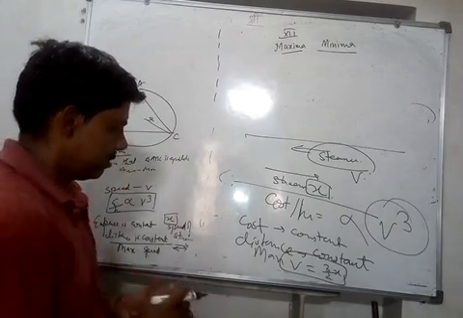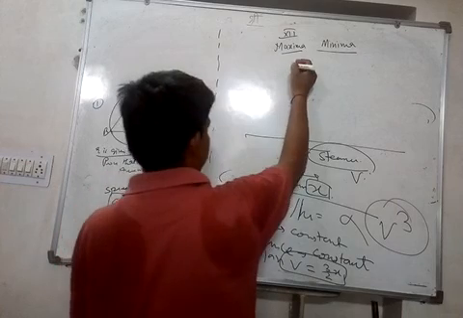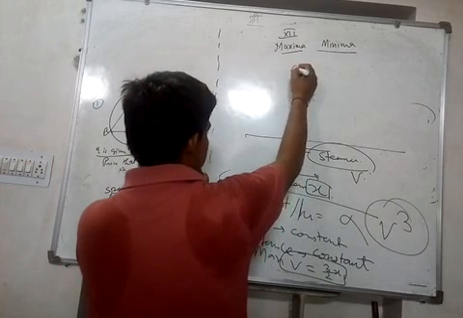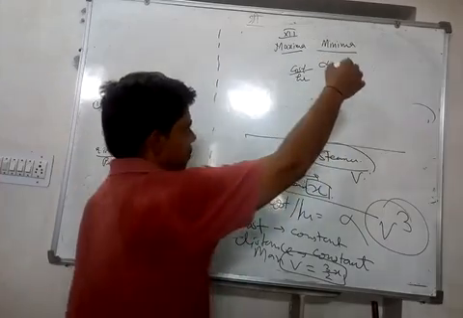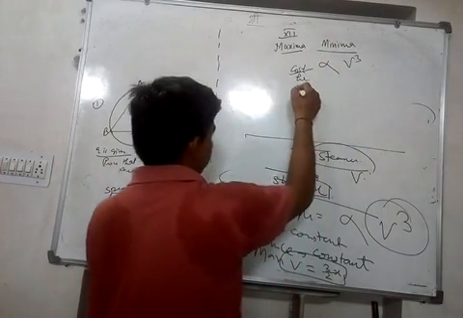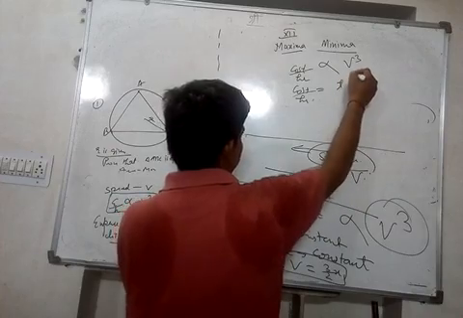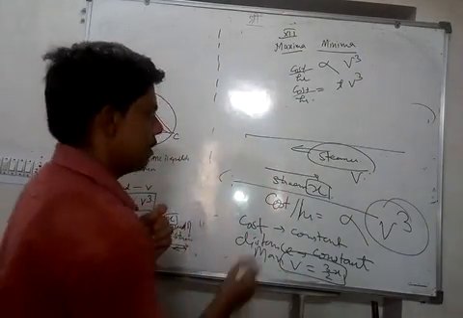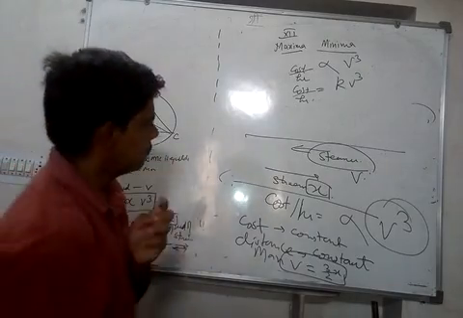So how will you do this question? Cost per hour we can write like this, that the cost per hour is directly proportional to v cube. So cost per hour is equal to P into v cube, or K into v cube, where K is the constant, right?